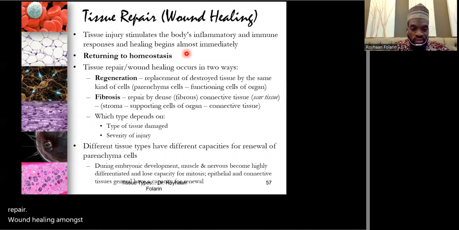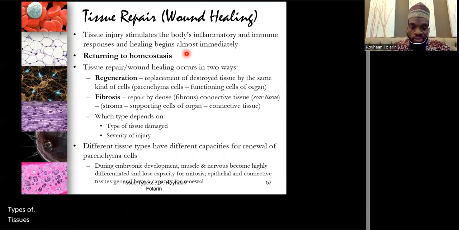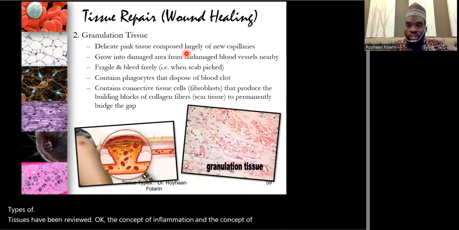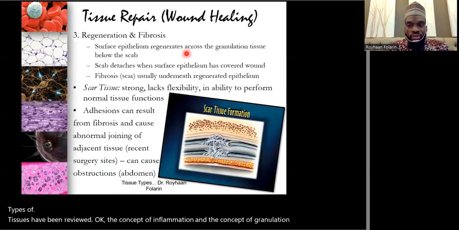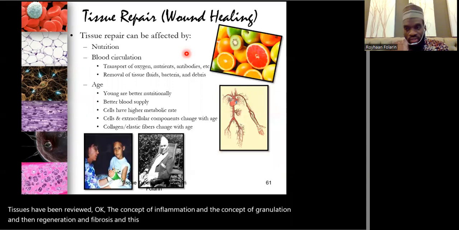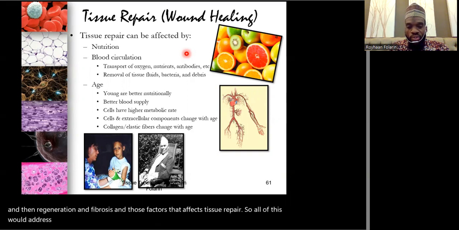So we'll revisit this after other types of tissues have been reviewed. Okay, the concept of inflammation and the concept of granulation, and then regeneration and fibrosis, those factors that affect tissue repair. So all of this we would address afterwards so that it makes much more sense.